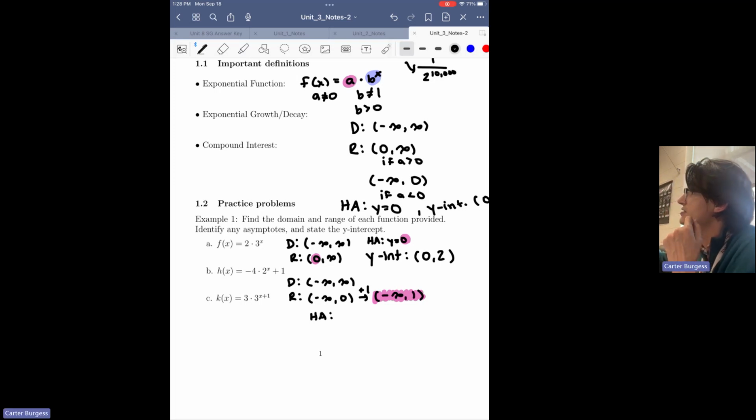We've got the +1 that is affecting everything. And so what is the value that we're actually going to converge to? +1. Y is equal to 1. So again, normally it would be y equals 0, but we're adding 1. It's going to be y equals 1 instead.